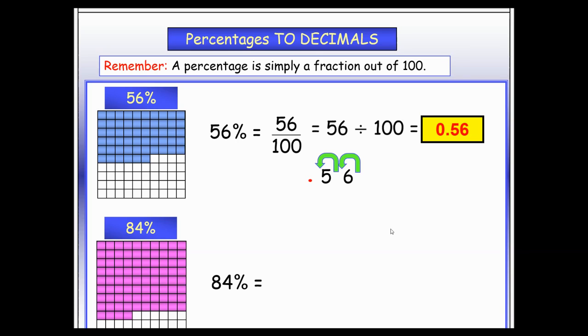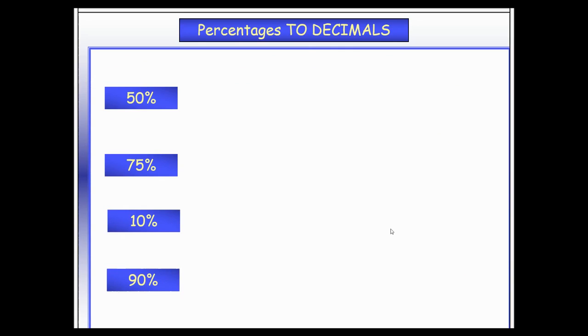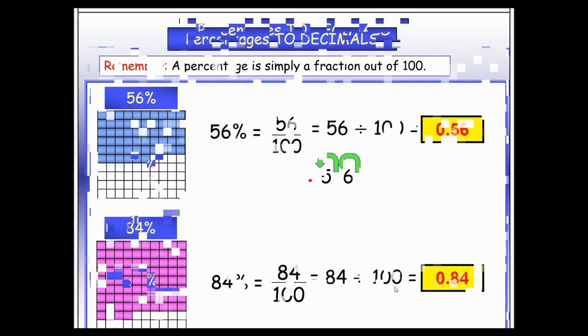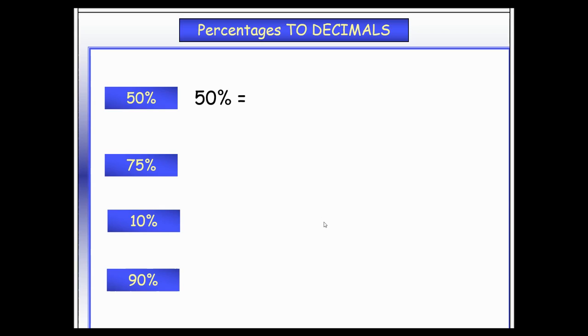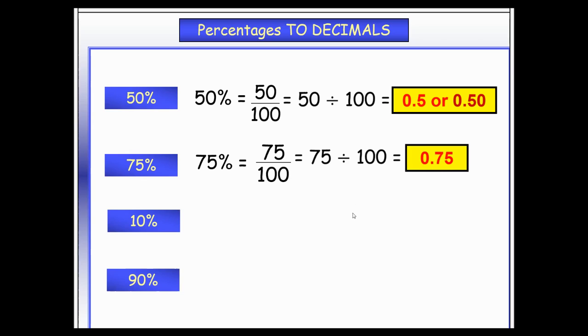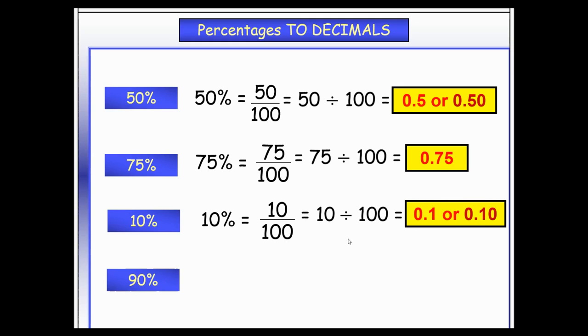So you don't need to write all the work in. 84% means 84 per 100, and you move in 2 places. 50%, you should actually know what 50% is, but if we go through the same idea and move it in 1, 2 positions, you'll be at 0.5 or 0.50. 75%, if you move in 2 positions, you'll be at 0.75. And 10%, when we move it in 1, 2 positions, you'll be at 0.10 or 0.1.